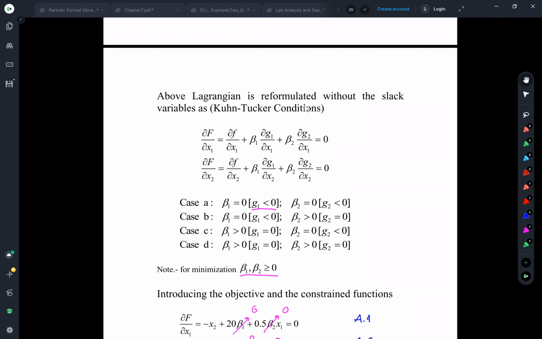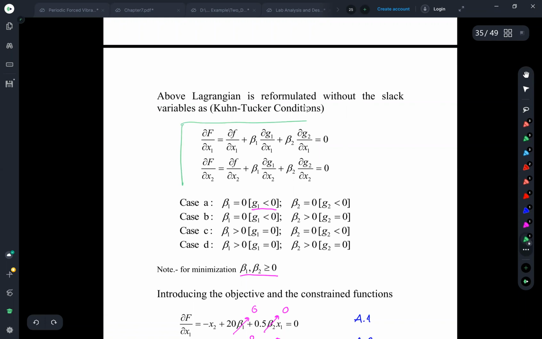There will be a case where all betas are zero, all G are zero, some beta zero, some G equal to zero. So the number of cases may not be 4, maybe 6, maybe 8. It depends on the number of inequality constraints you have. But the standard optimization conditions, I mean the necessary conditions, are quite the same as in this one.